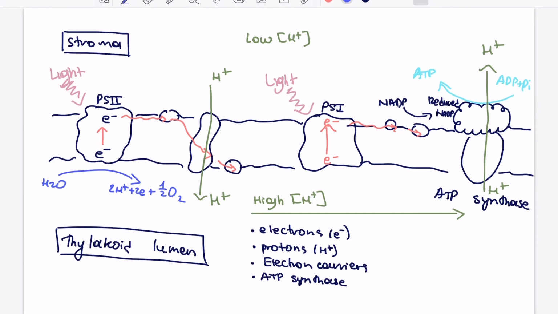Then those protons can be used to build the high concentration gradient on the thylakoid lumen side. The electrons then can be supplied into PS2, and the oxygen, funnily enough, is just a waste product of the light-dependent stage. But anyway, guys, this is basically the summary of the entire light-dependent stage.